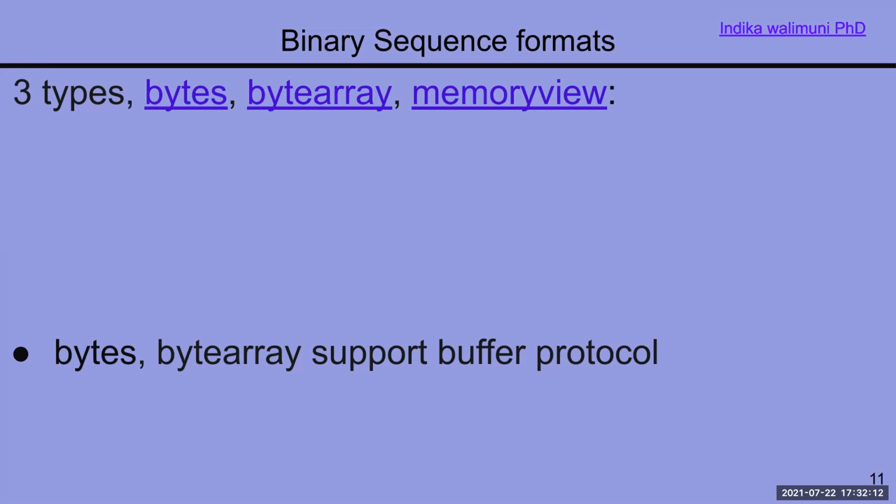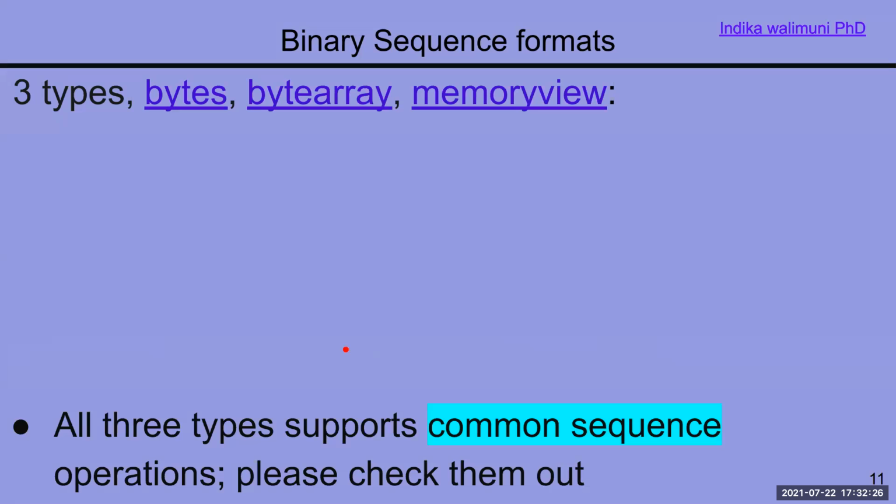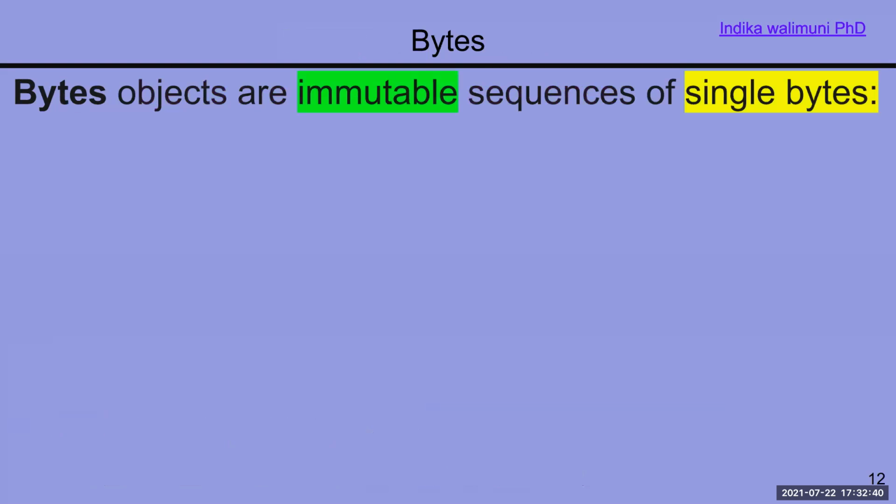Bytes and byte arrays support the buffer protocol, which means we can use the memory view object to access the memory of bytes and byte array objects. All three types support common sequence operations. You have to check them out because we did common sequence operations in our week 3, so please check them out.